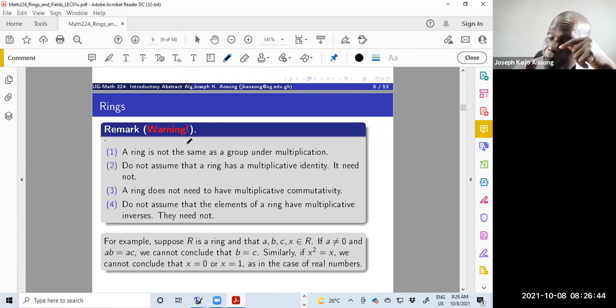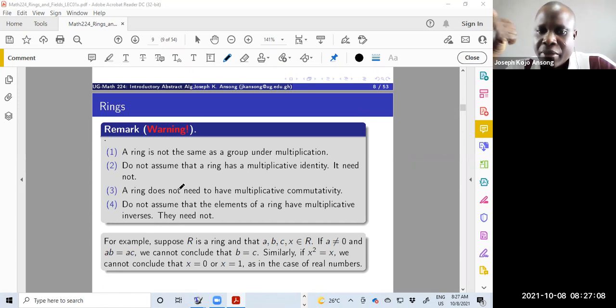Now keep in mind, from the definition of a ring, that a ring is more than just a group with multiplication defined on it. It's more than that. Also note that you should not assume that a ring has a multiplicative identity. It does not need to have one.